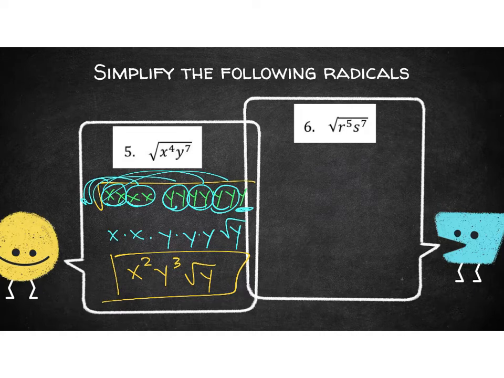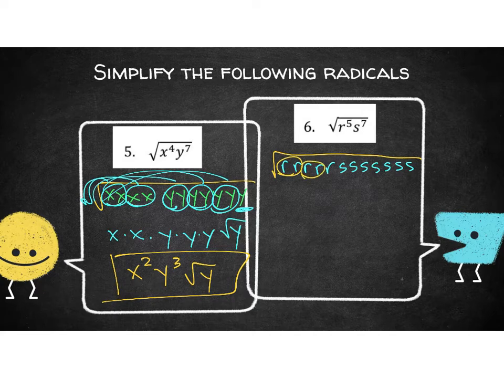Let's take a look at number 6, r to the 5th and s to the 7th. So if I split these up, I have 1, 2, 3, 4, 5 r's and 1, 2, 3, 4, 5, 6, 7 s's. Those are all of the factors I have underneath that radical. Now let's make some pairs.